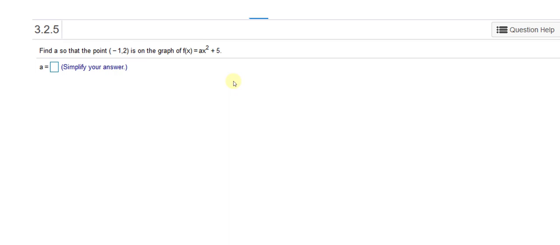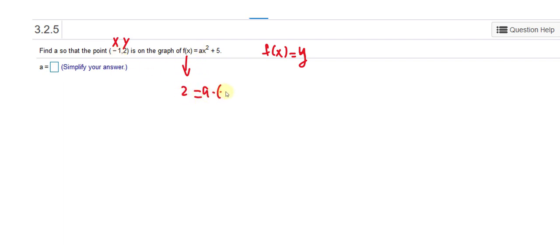And then the last one, they ask you to find a so that the point is on the graph. Okay, this is x and this is y. f of x is equal to y, the function notation. So f of x is y, which is 2, equal to a times x.